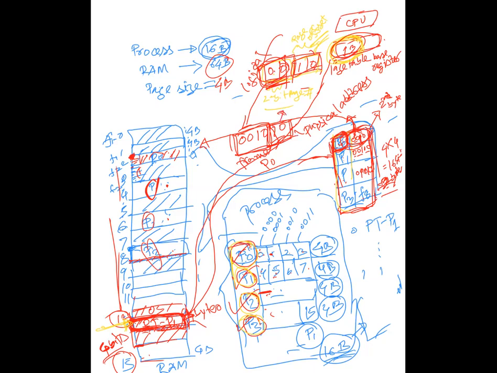So here is the 0th byte for P0, here is the first byte, here is the second byte, and this is the third byte, for simplicity you can say this is the second byte. Let me erase it. Again, we are in here.